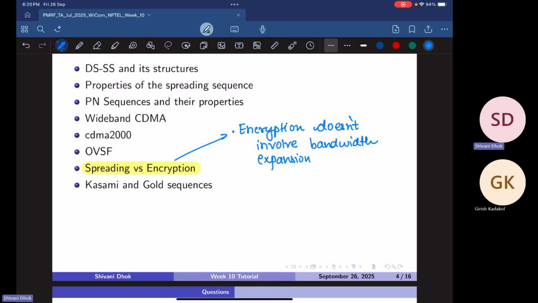And reversing encryption is difficult. Anyone can't do it. You need the proper encryption key to do so. And spreading essentially involves the bandwidth expansion.